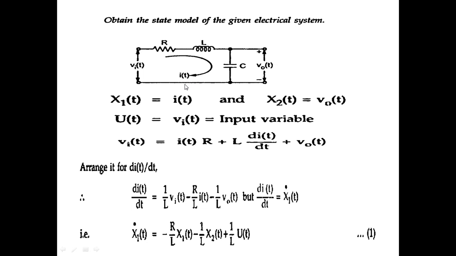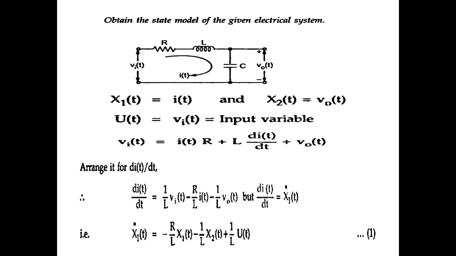If I apply KVL to this circuit, we get Vi of t equals R into I of t plus L into di by dt plus V naught of t, where the voltage across the capacitor is V naught of t. Why are we rearranging this equation? In order to have the equations in the form of x1 dash and x2 dash, because the state equation is x dash of t equals A into x of t plus B into u of t.